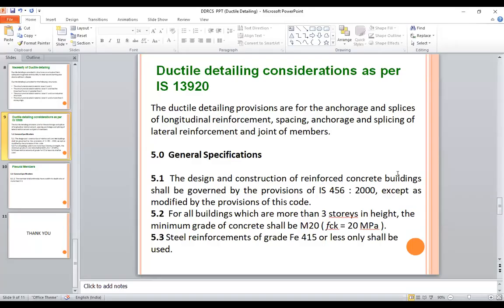So now let me just show you the design code. IS 13920, the previous code was of 1993. It was published in 1993 and it was reaffirmed in 2003. But we have the latest code of IS 13920, which was published in 2016.